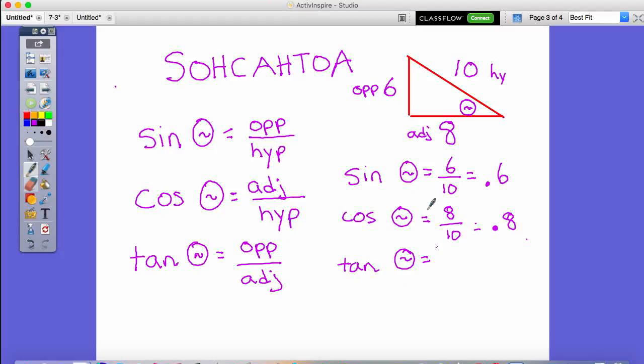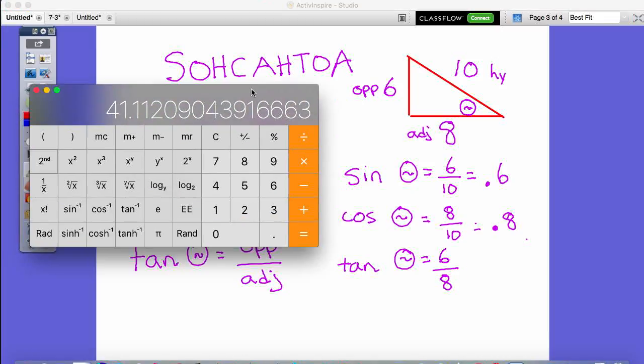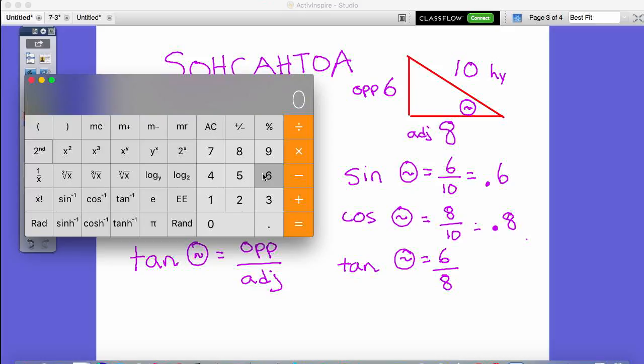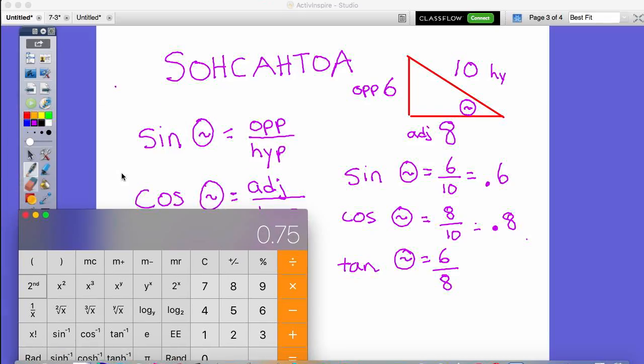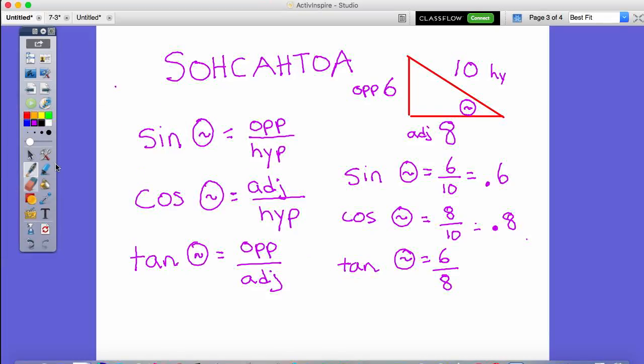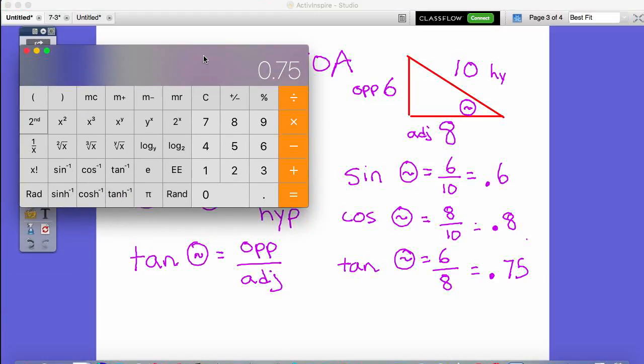And to do the tangent, opposite over adjacent. Okay? Because that's a little bit harder to do. 6 divided by 8 is 0.75. I guess I should have been able to do that, but it is Tuesday night at 8:33 in the evening. So we have 3 different ratios, but that's okay because our calculator is going to know what to do.